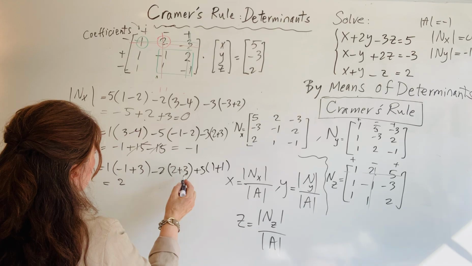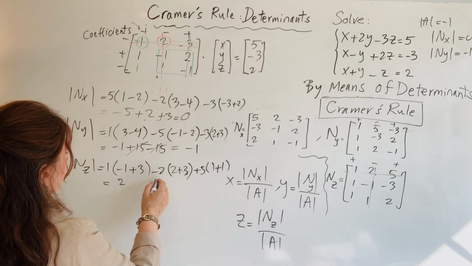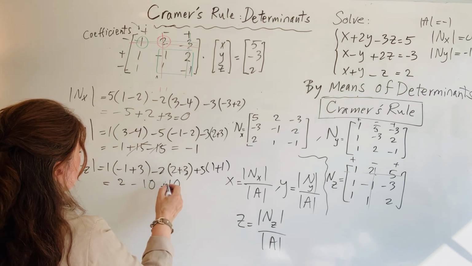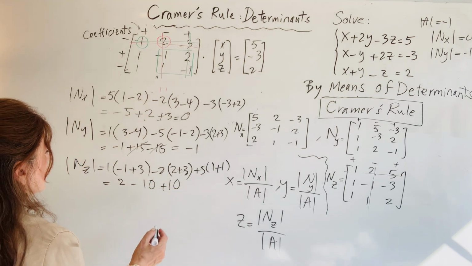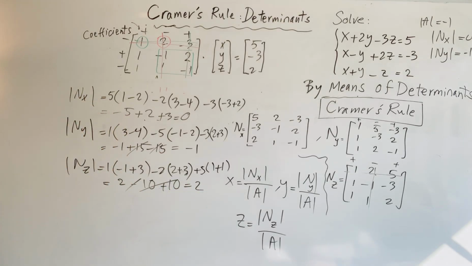2, and this one, 5, -10. 5 times plus 10 gets 2, right?